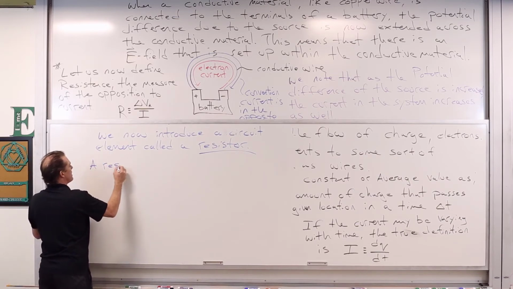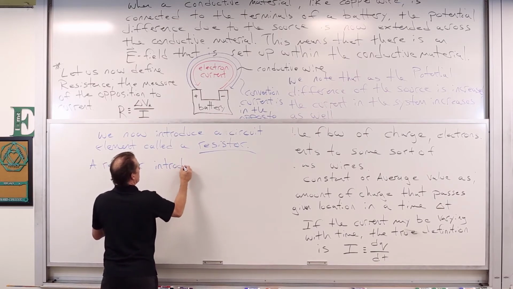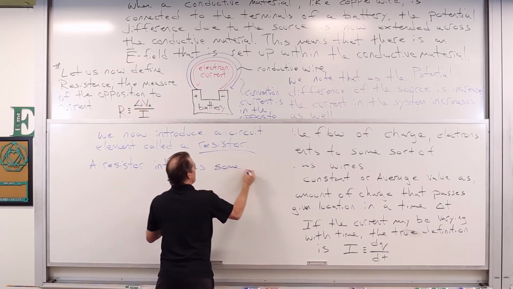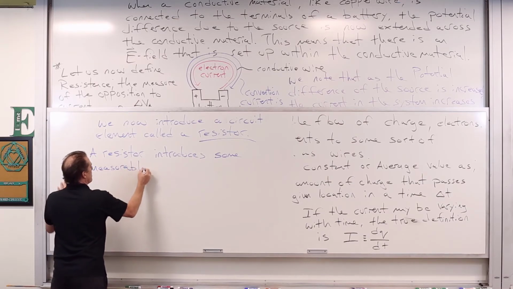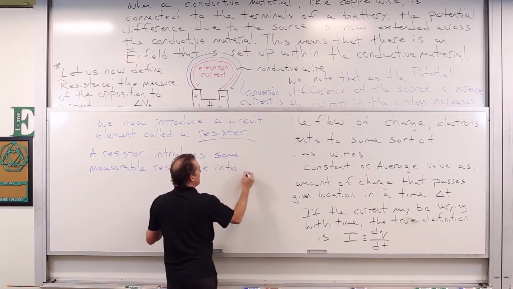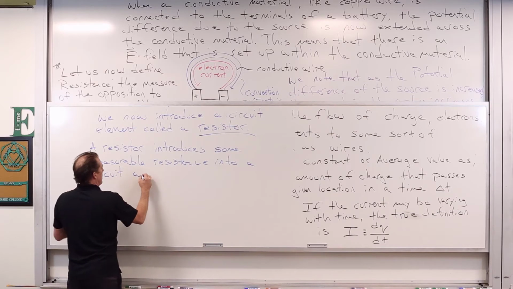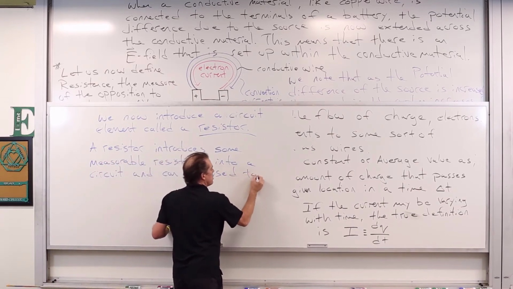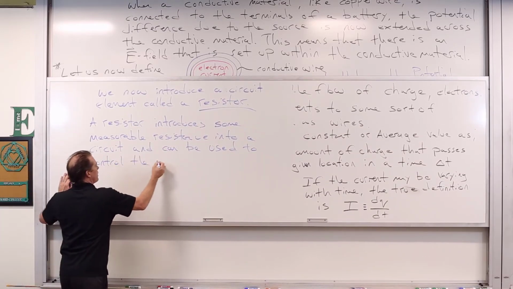A resistor introduces some measurable resistance into a circuit and can be used to control the current.